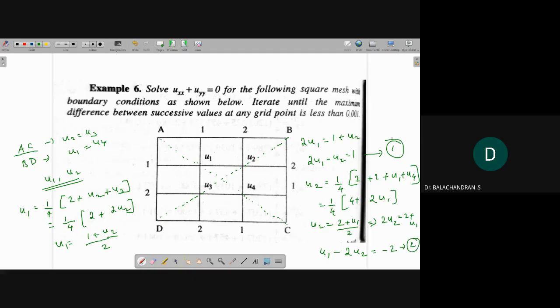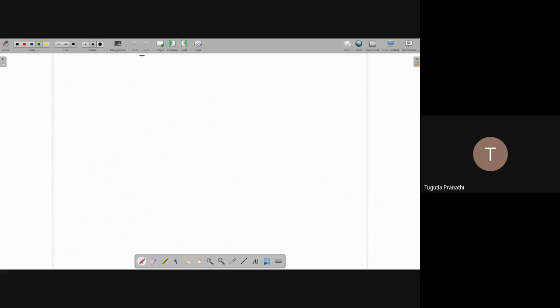So try to solve these two equations in two unknowns, and find the values of u1 and u2. So u1 is 4 by 3.